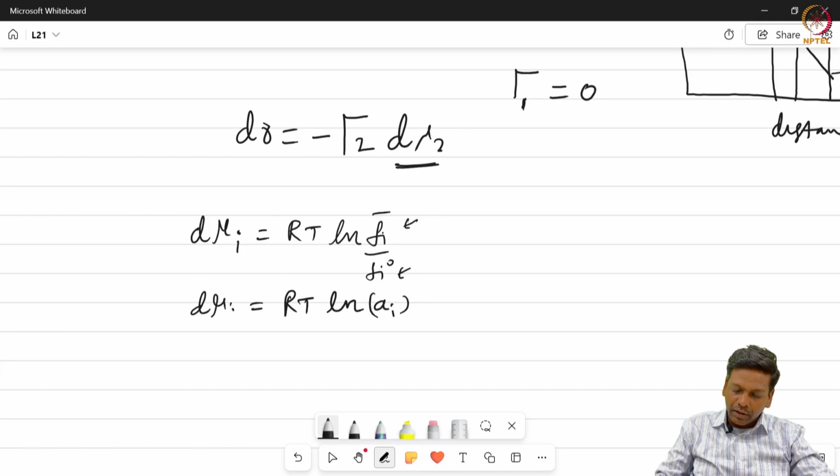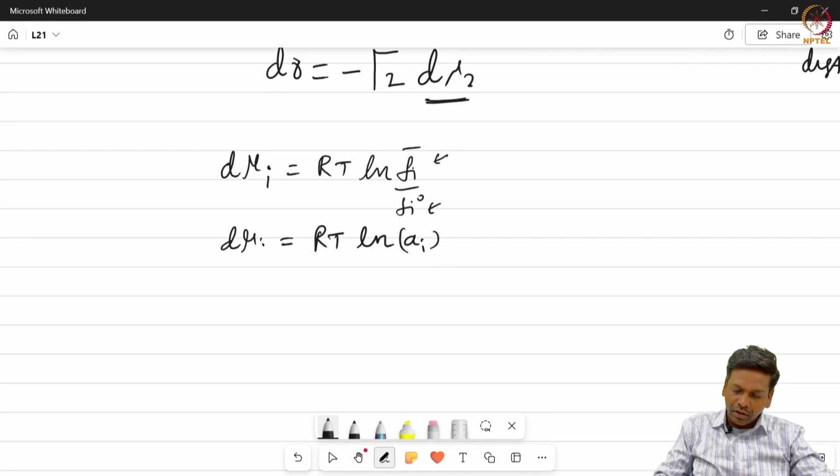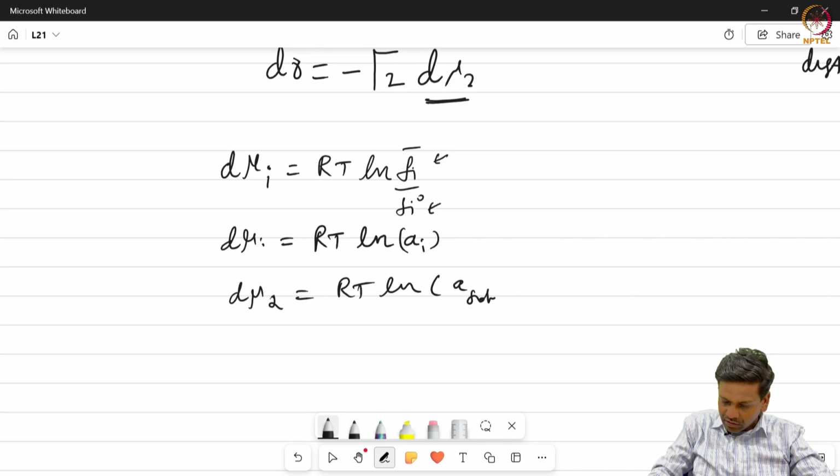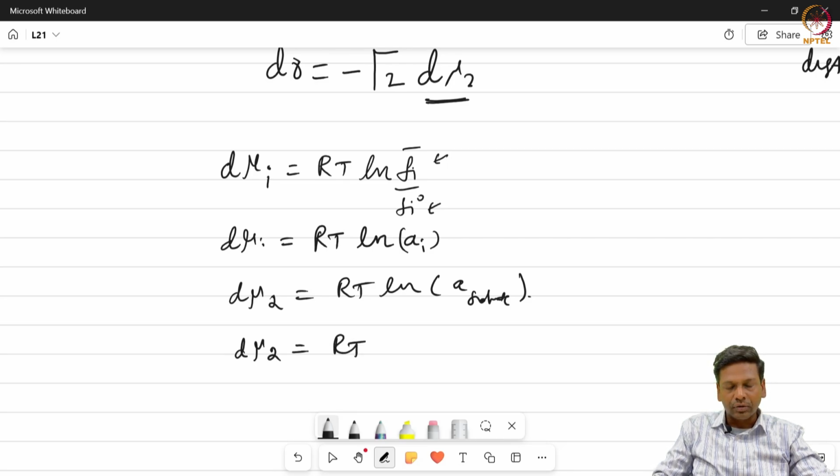Now for the solute molecule itself, if we have to deduce the change in chemical potential, I can simply write d mu 2, which is nothing but RT ln a solute. We can also express the activity sometimes in concentration units as well. In that case you can simply represent this as C, the solute concentration.